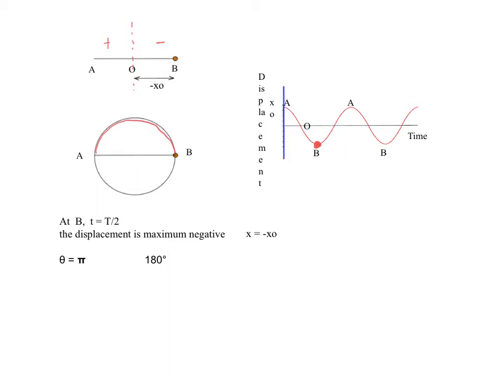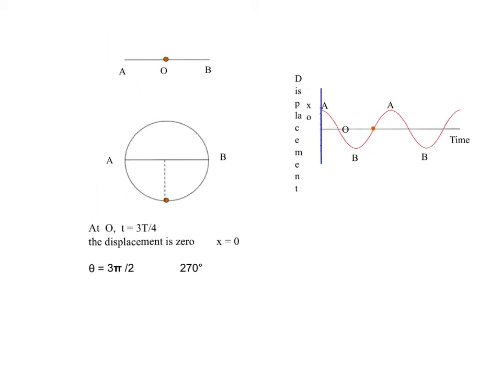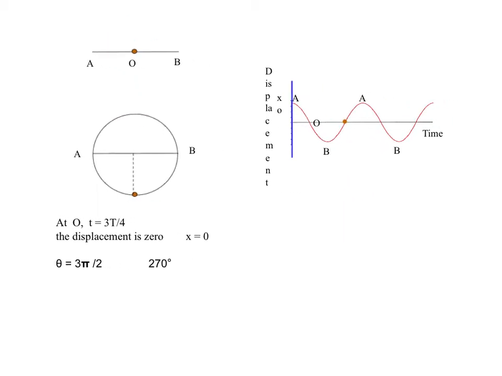Then after three quarters of a period, the object has moved all the way around to three quarters of the circle, and you can see that it's gone back to the equilibrium position in terms of the x-axis. So this is the 0, and you can see it on the graph again there.